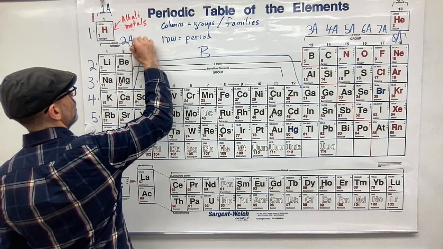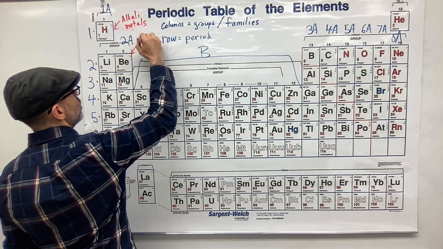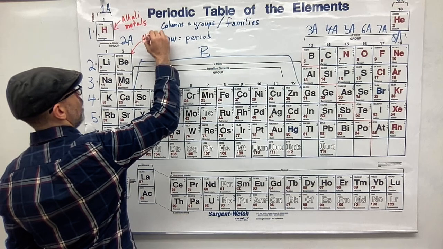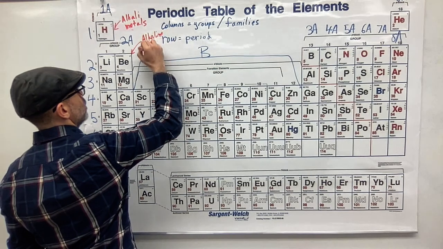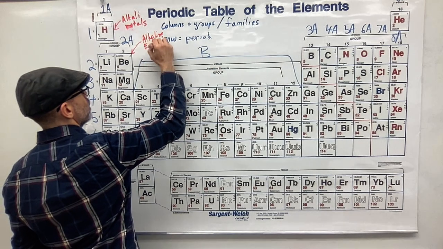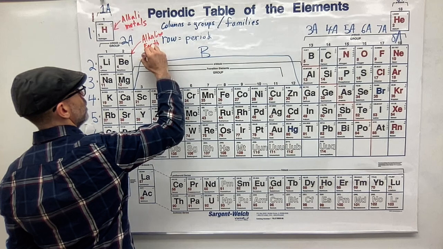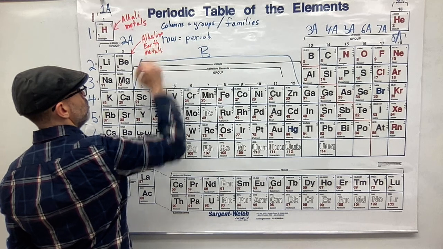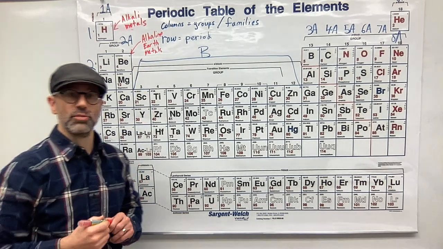So let me draw. So this is called the alkaline earth metals. Alkaline earth metals.